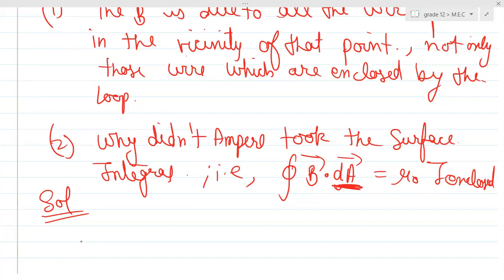Exactly, the point is this: the magnetic monopole cannot exist. Electric monopole can exist, right? A positive charge can exist separately and a negative charge can exist separately? So electric monopoles can exist in space, right?